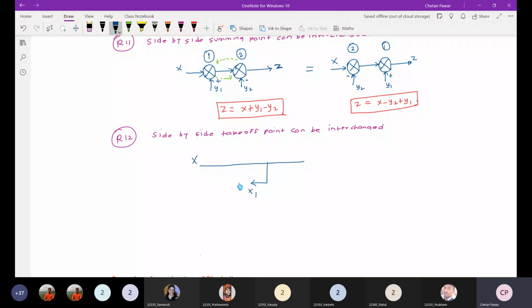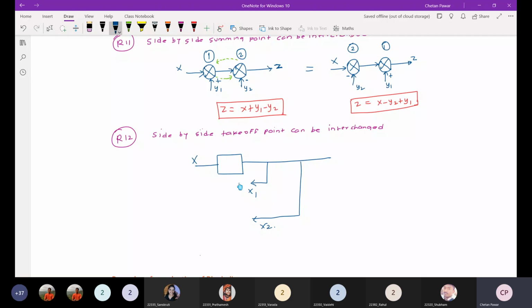Okay, and some system in between is there. And this is takeoff point 2.